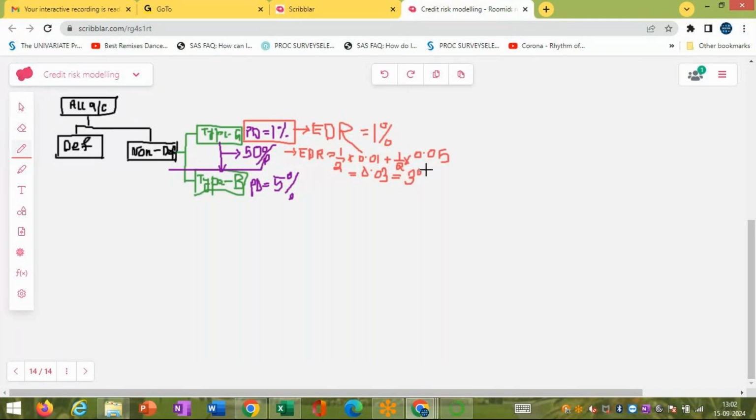So the default rate at the end of the, so basically the expected default rate that I'm seeing over here, right, is the weighted average of the default rate between time period one and period two.